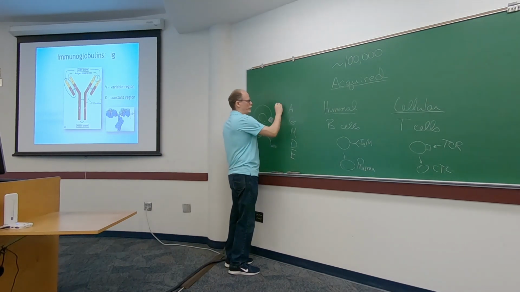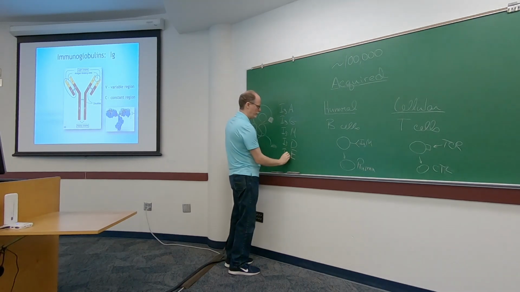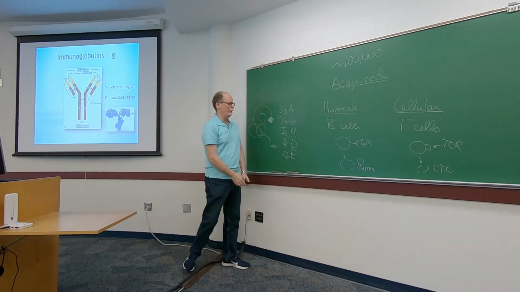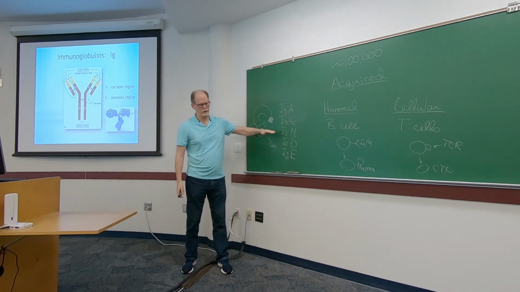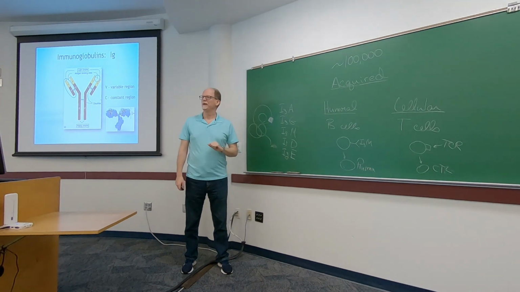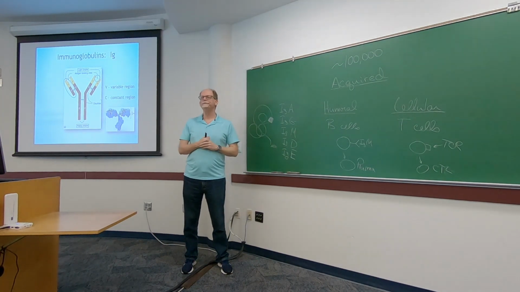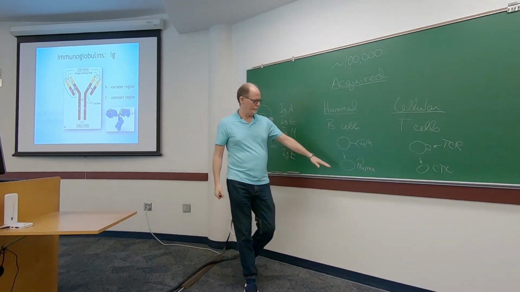There's immunoglobulin A, immunoglobulin G, immunoglobulin M. What I'll explain is that IgG and IgM are found in the serum, and IgA is found in, say, secretions. But they're all made by plasma cells.